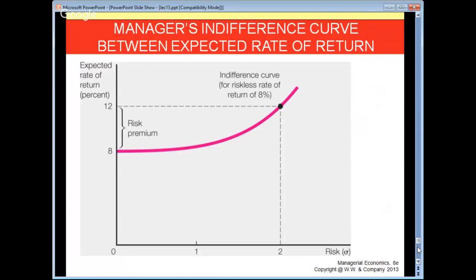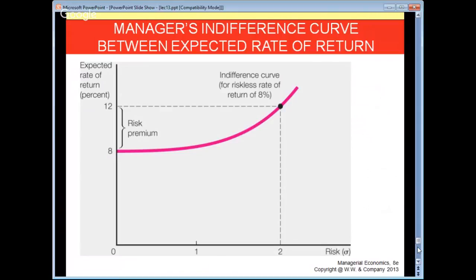Here is another example, a graphical example of a bond. If I have a bond that has zero risk, in other words, the closest things are U.S. government bonds, those bonds are paying 8%.